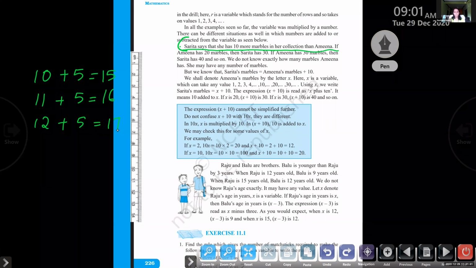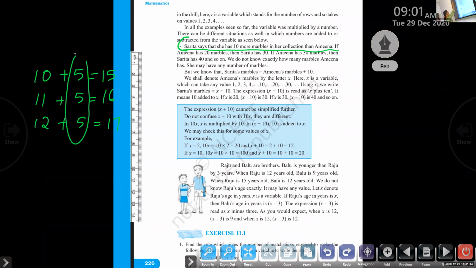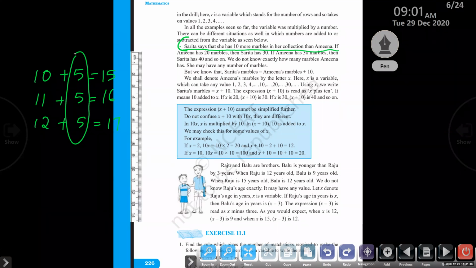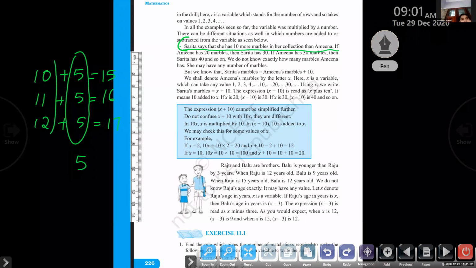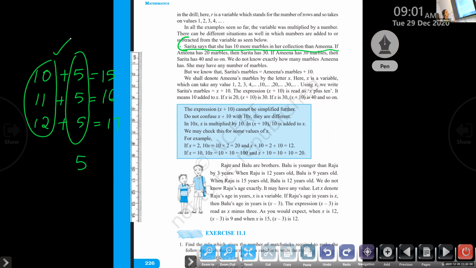Here, which number is not changing, children? 5. So here that 5 is a constant, right? Yes, ma'am. And this number changes according to the number of toffees you have. The number of toffees with me will change. So this value changes: 10, 11, 12, like that. This plus 5 will not change, because I have 5 more toffees. So shall I write the value which changes as m?